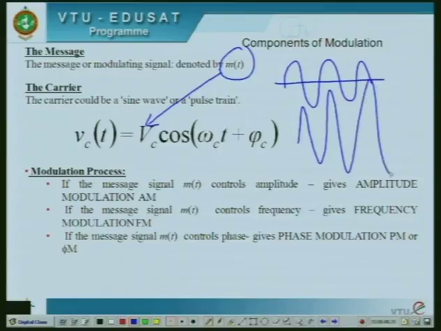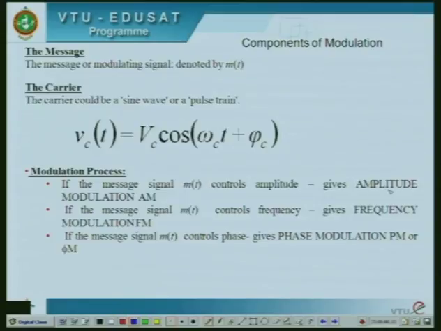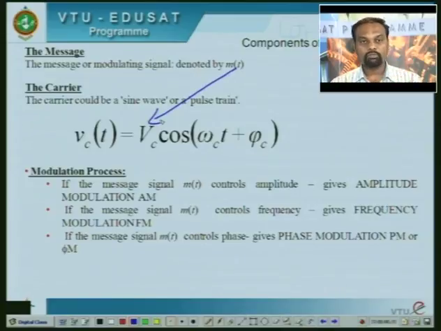The frequency remains the same, but the amplitude of the carrier is changed according to m of t. We call that process amplitude modulation. Let me repeat it: if the modulating signal m of t changes the amplitude of the carrier signal Vc, we call it amplitude modulation.